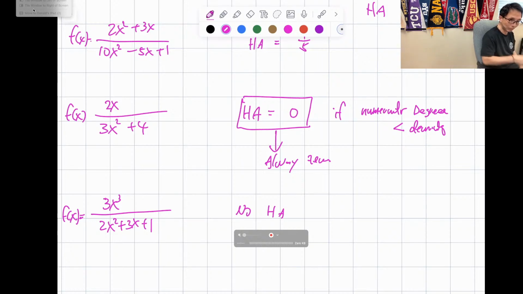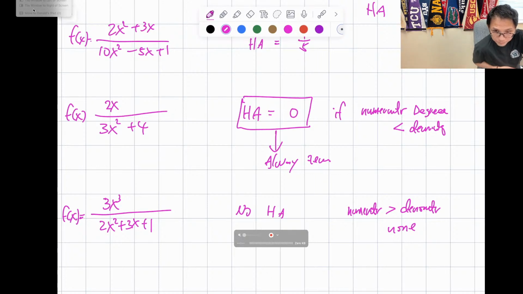Yeah. So if the numerator is greater than the denominator, then there's no horizontal asymptote. If it's equal, just compare the coefficients. If the one above is less than below, then it's going to be 0.